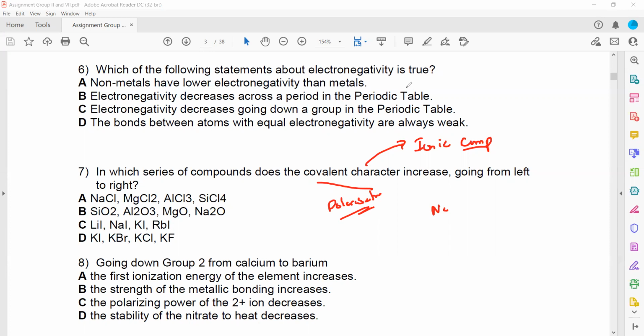Sodium is there, Na plus, larger in size than the other positive ions. Chlorine is larger compared to sodium. When we check magnesium, it is smaller in size and greater in charge.